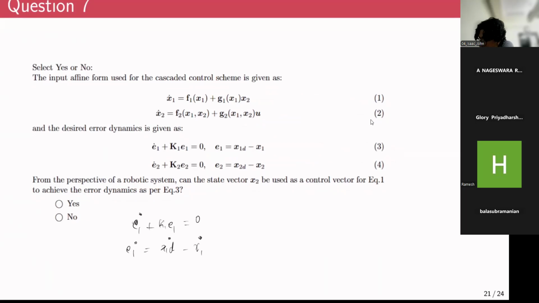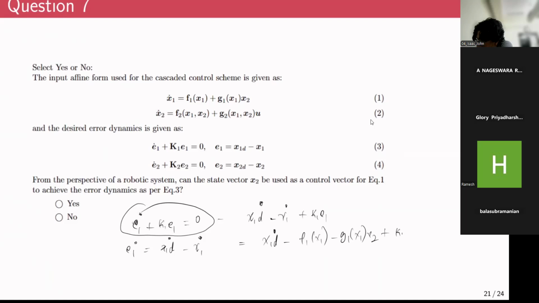So if I substitute x1 dot from equation 1, you will get x1 desired dot minus f1 of x1 minus g1 of x1 times x2 plus K1 e1.